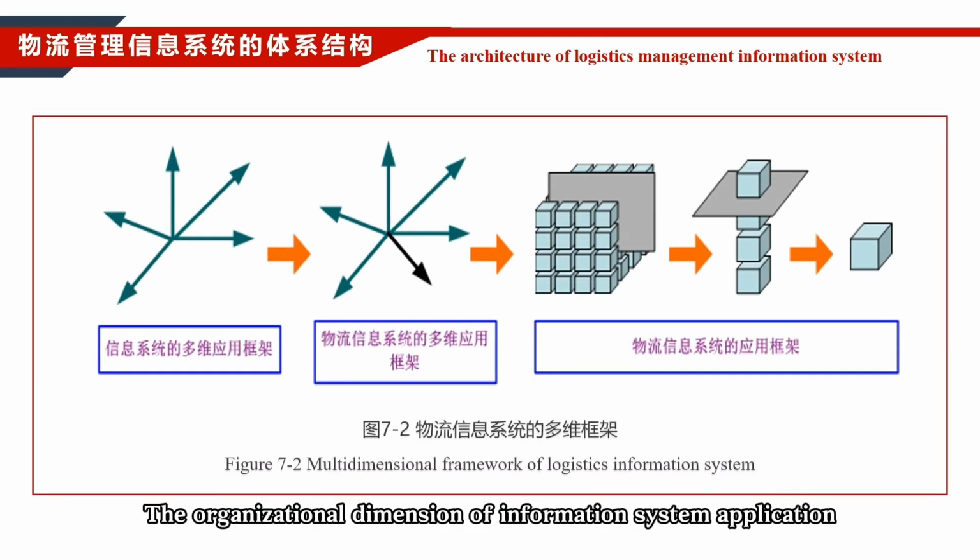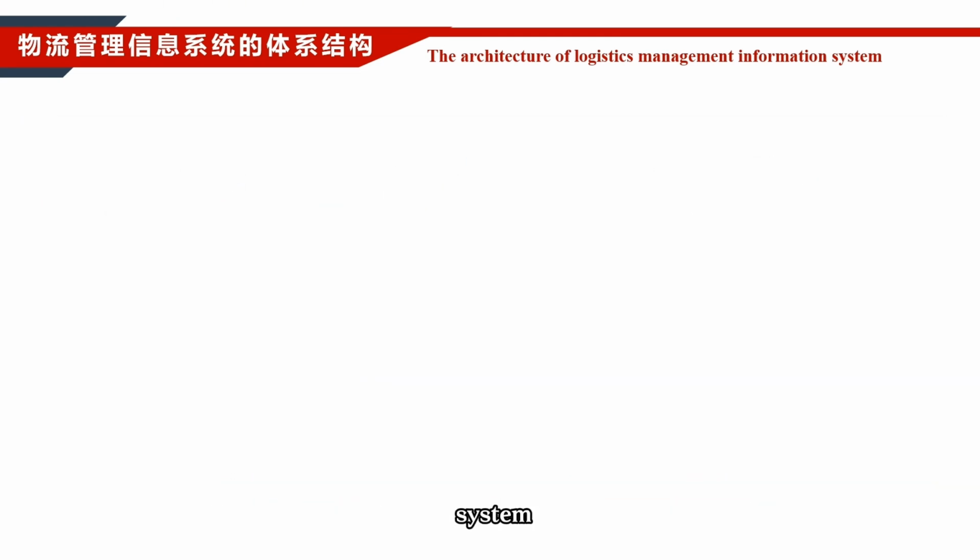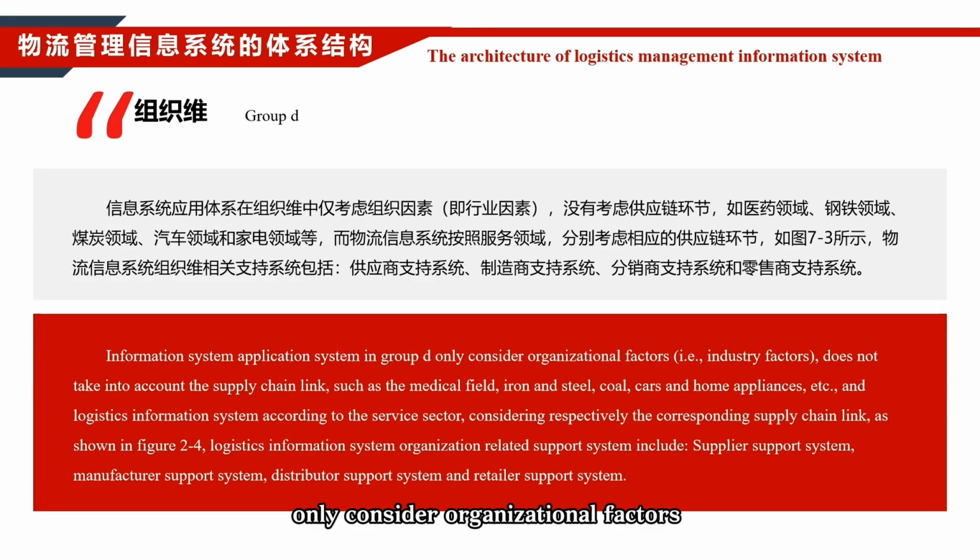The organizational dimension of Information System Application System. In the organizational dimension, only consider organizational factors, i.e., industry factors, without considering the supply chain links, such as the medical field, iron and steel field, coal field, automobile field, and home appliance field, etc. While the logistics information system, according to the service field, considers the corresponding supply chain links respectively, as shown in Figure 7-3.